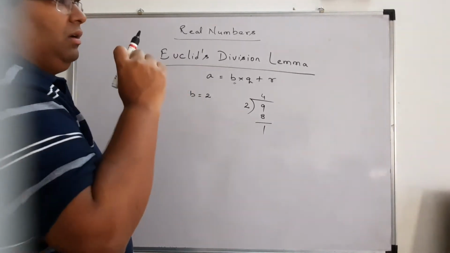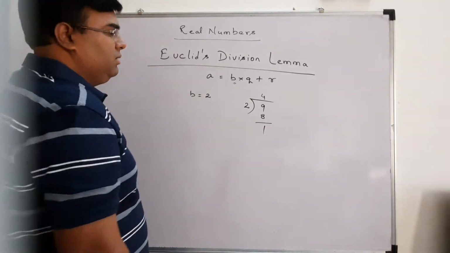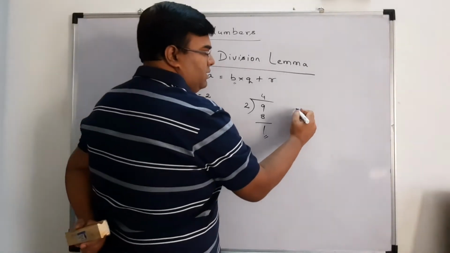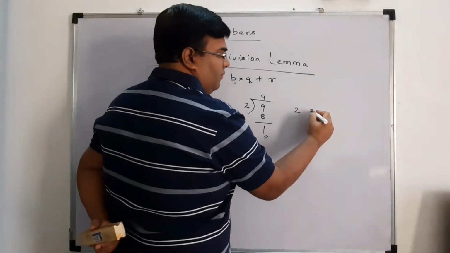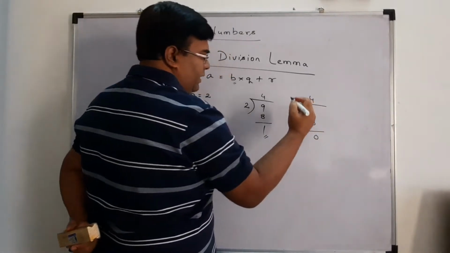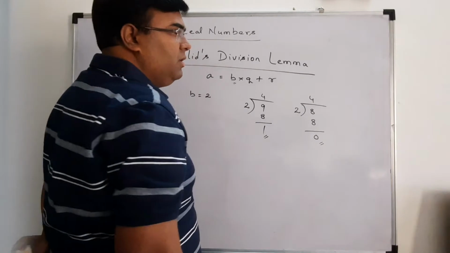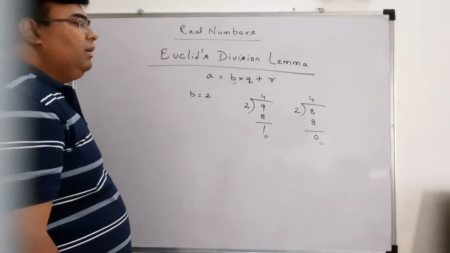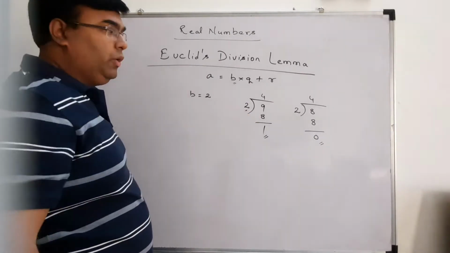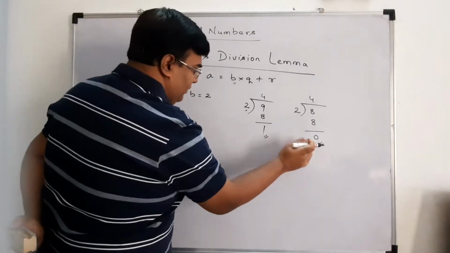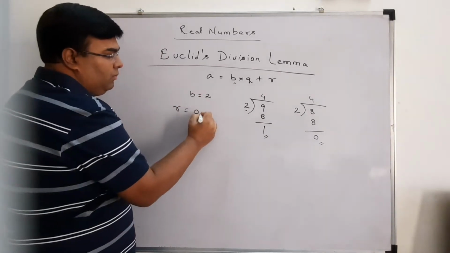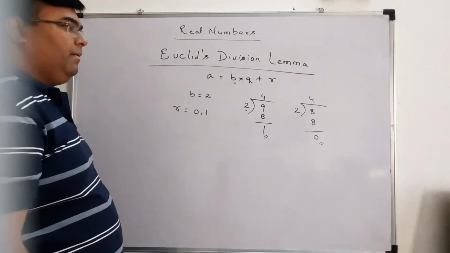We are just looking at the remainders. What is the remainder? 1. Let us divide 8. Our remainder is 0. So in a similar manner, if you divide any number by 2, the remainder R is 0 or 1.